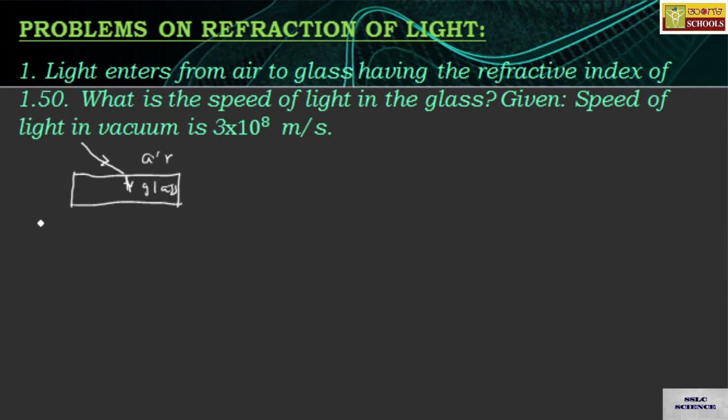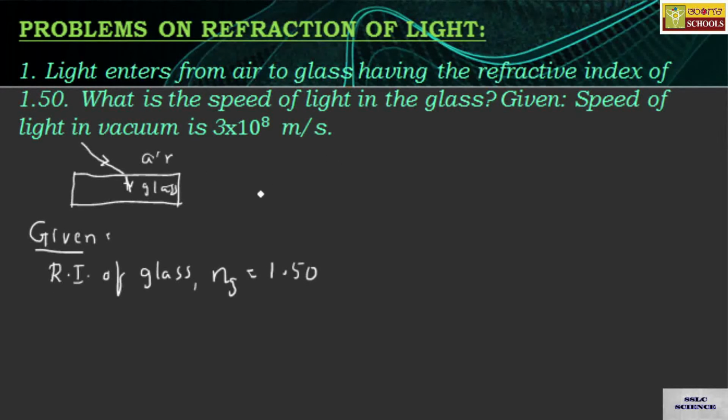Try to get the given parameters. Light is entering from air to glass, so the refractive index of glass is given. Take it as n subscript g, which is 1.50.